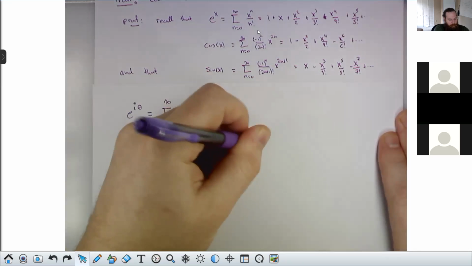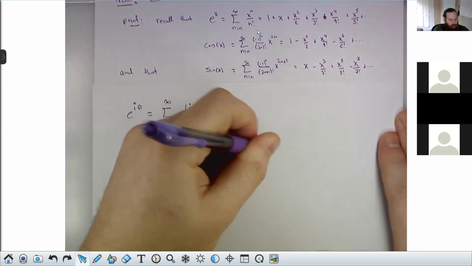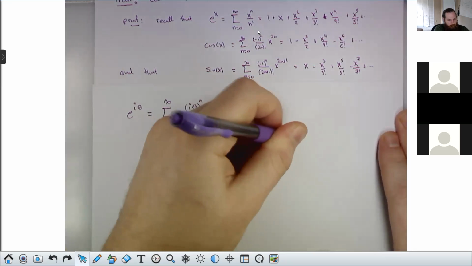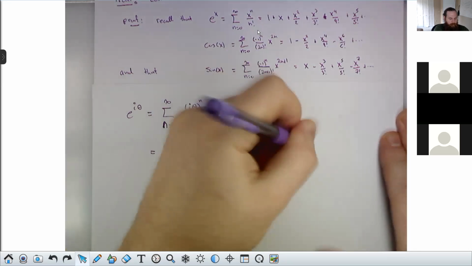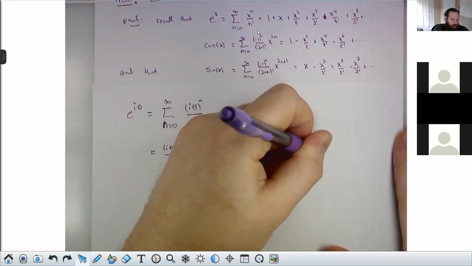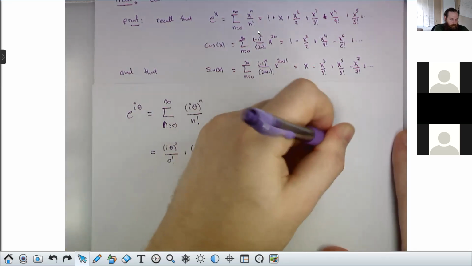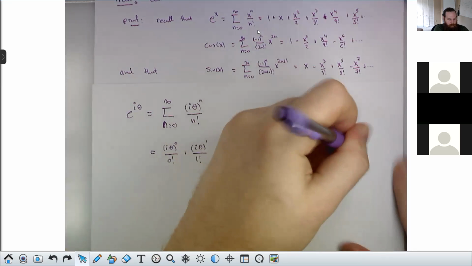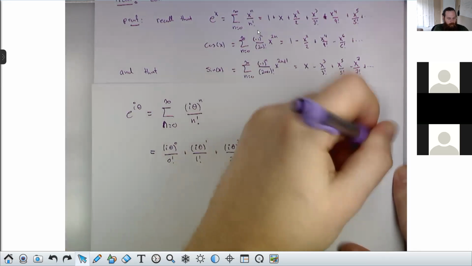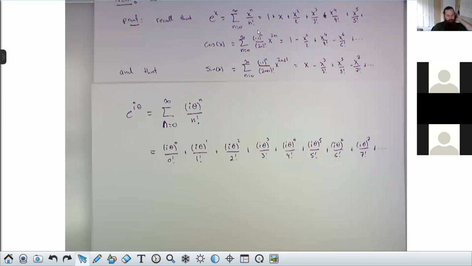And I'm just going to give myself a bunch of terms here. i theta cubed over 3 factorial plus i theta to the 4 over 4 factorial plus i theta to the 5 over 5 factorial plus i theta to the 6 over 6 factorial. One more, we'll do i theta to the 7 over 7 factorial, and so on.